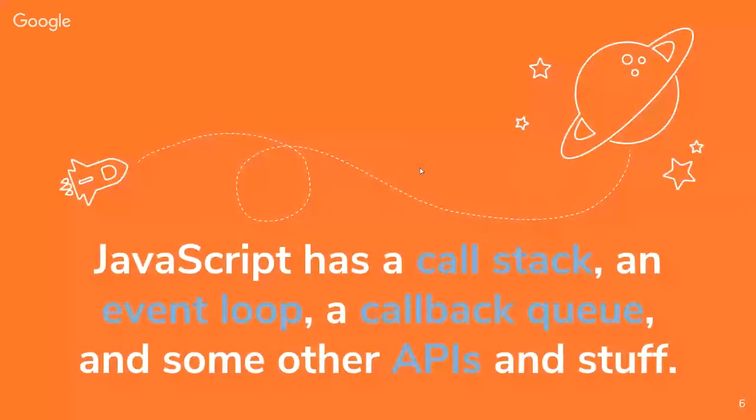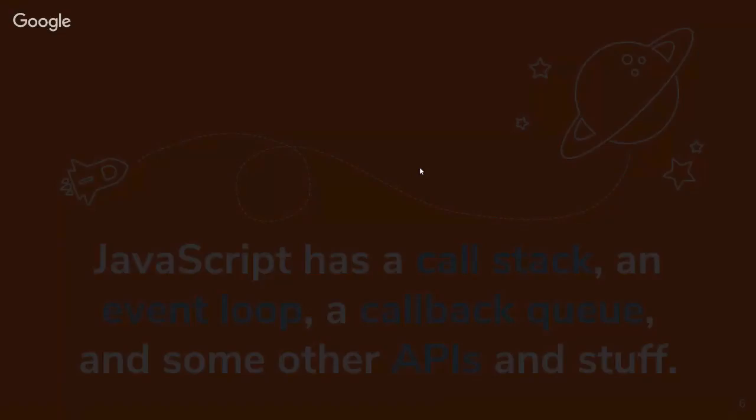JavaScript has a call stack, an event loop, a callback queue, and some other APIs and stuff. Hmm. So I'm not really sure what that means. I don't have a computer science degree. These are just words I don't understand.